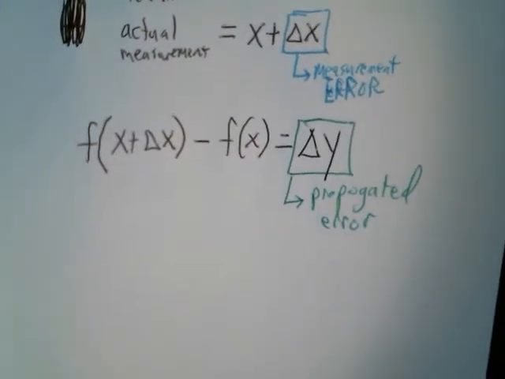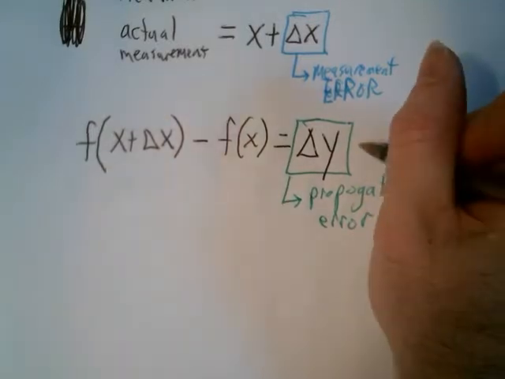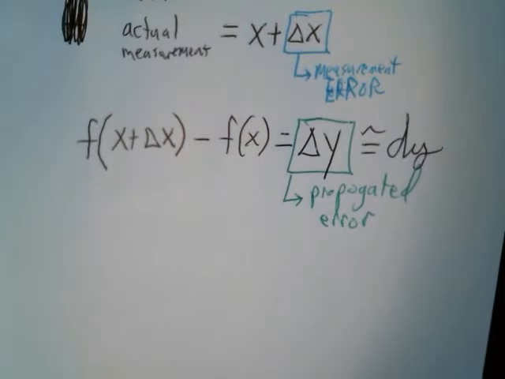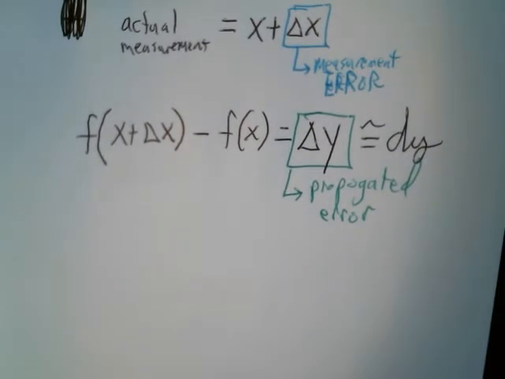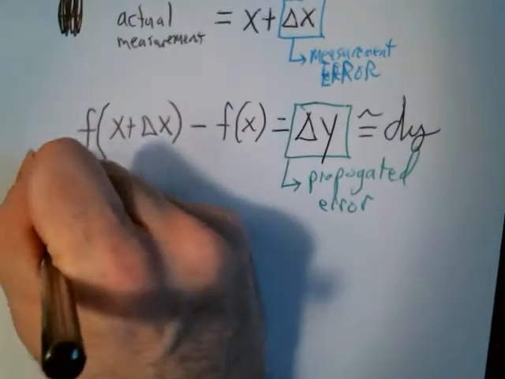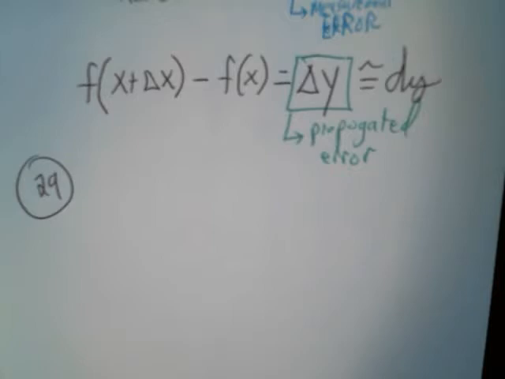Okay, so what we're going to be doing then is approximating the propagated error with the differential. And let's look at problem 29 in the book. We're measuring the sides of a rectangle, apparently. It's on page 272.